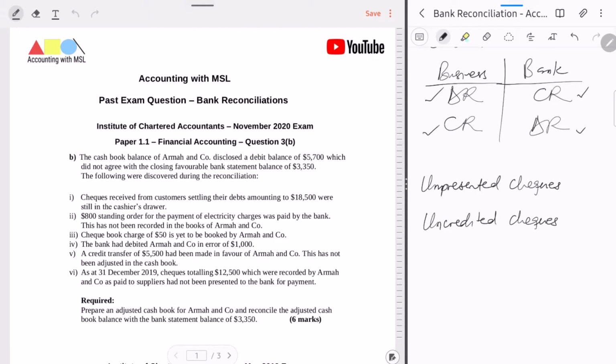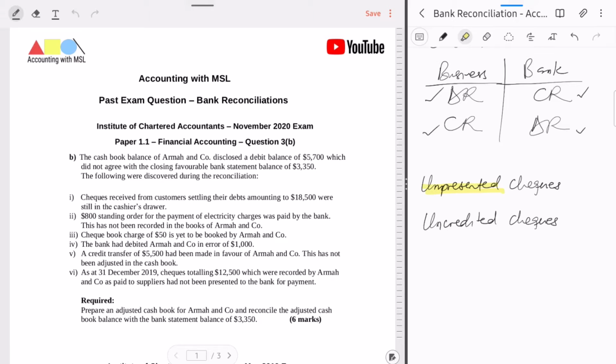Unpresented checks, as the name implies, are checks that have not been presented for payment. So you give someone a check, let's say in payment of a certain amount you owe them, and they don't present it to the bank for payment. It is unpresented. So in your books, you will recognize that you've made a payment, you credit your cash book, but the bank has not even seen the check to charge your account with the amount. So there'll be a difference.